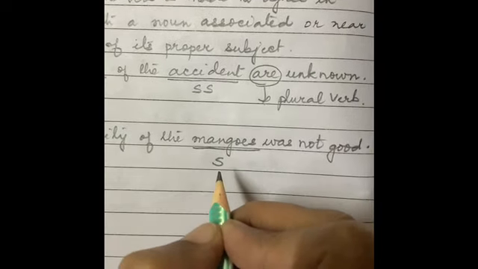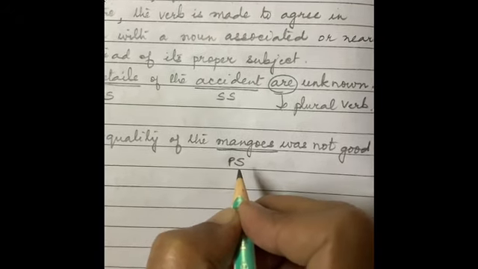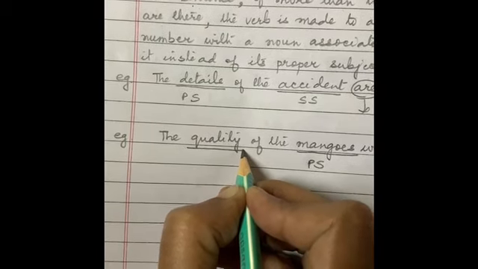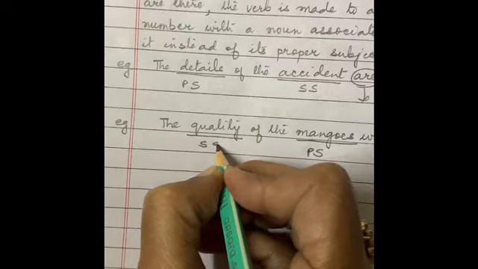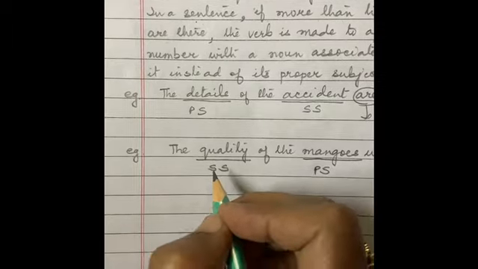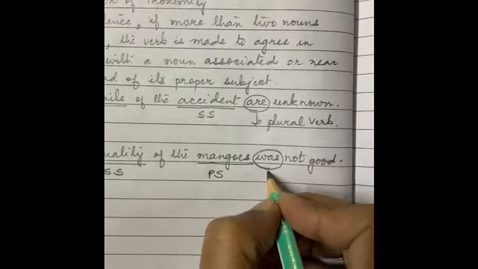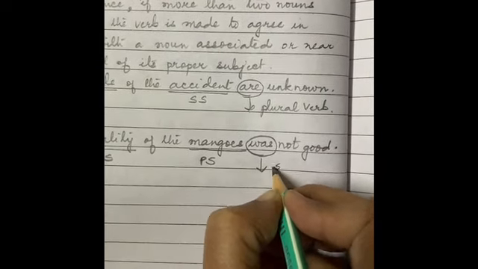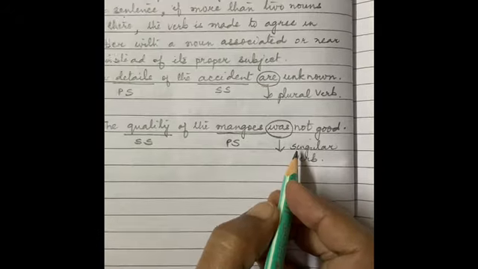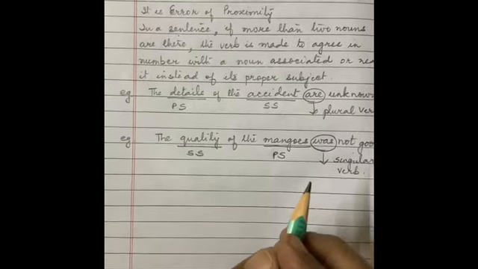The main subject, which is plural. But we are focusing on the quality, which is singular in number. Therefore, we have used the singular form of the verb, which is was. Singular verb. Fine. So this is rule number 3 and hope you have understood it.